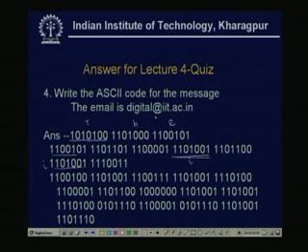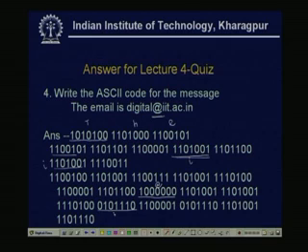Now, see, this is at the rate. So, this is D I G I T A L, and this is the at the rate. This 7-bit number is actually the ASCII code of at the rate. Similarly, this is I I T and this is my dot.